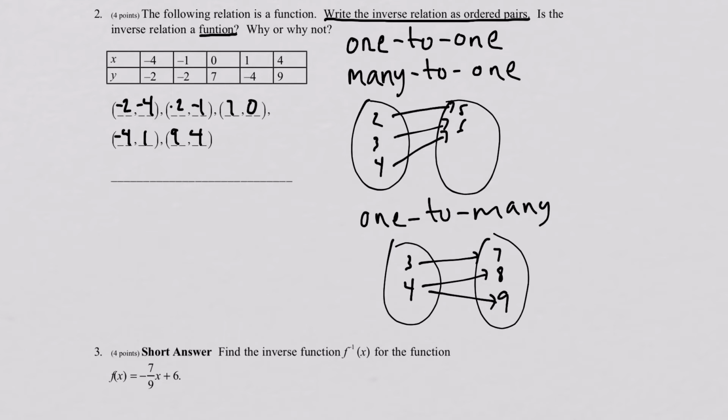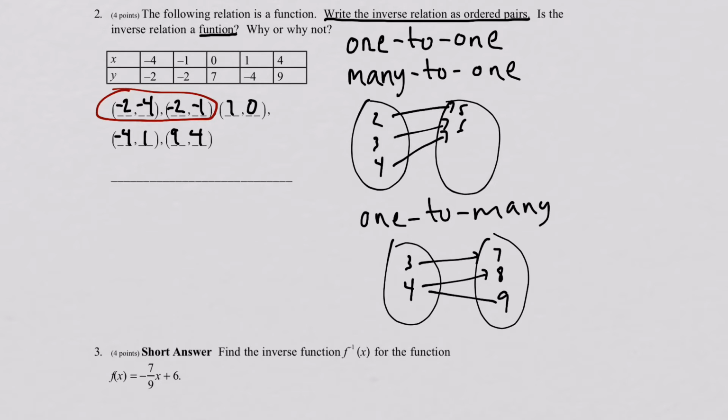So in this case, -2 goes to -4, and then -2 goes to -1. Right away, right there, I can tell that this is not going to be a function because the input -2 is going to many different outputs.